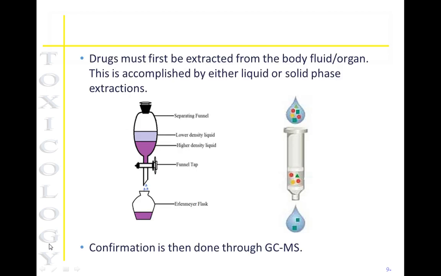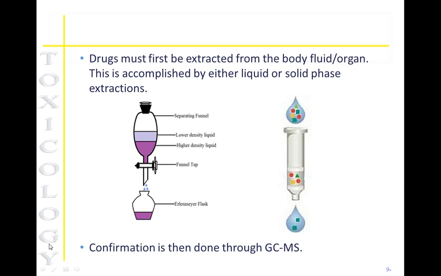If the analyst obtains a positive preliminary test for a drug, then the drugs are extracted from the body fluids or the organs. This is either accomplished by a liquid-liquid extraction or a solid phase extraction. Both of these procedures were discussed in the Instrumental Methods lecture in Module 2.